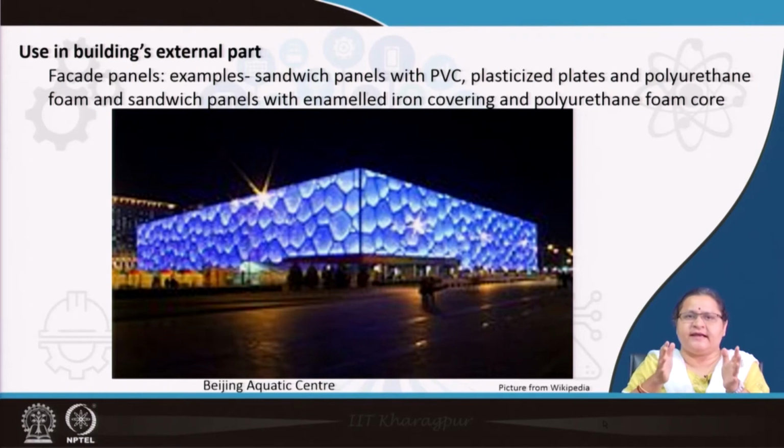So, it is again an expression possible by the use of plastic. It is the architect's imagination how he has used it, but the material has made it possible. So, there are different types of plastics which can be used up to this level.